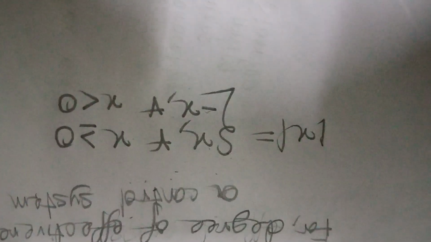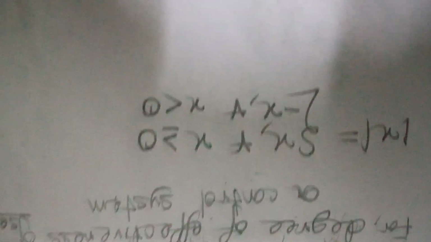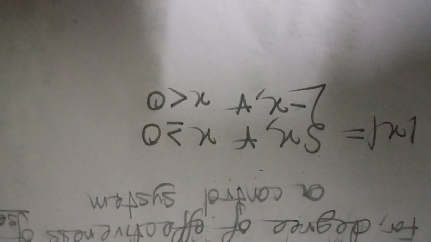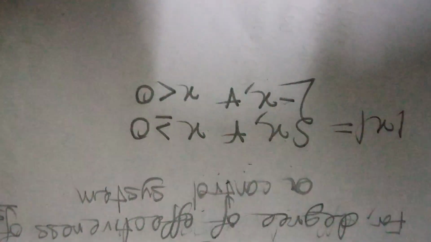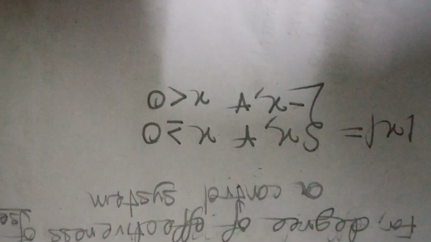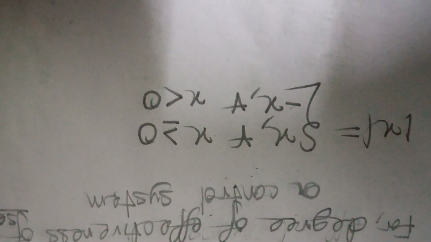How do we calculate the modulus? I will show you by this sign. Modulus is calculated by this formula: if x is greater than or equal to 0, where x is any value, then we simply write x.